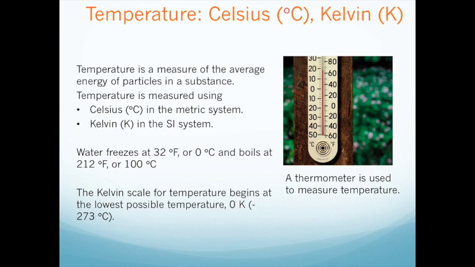Fahrenheit scale is based on a different substance, and therefore the numbers are different for water. And like I mentioned before, the Kelvin scale starts at approximately minus 273 degrees Celsius.